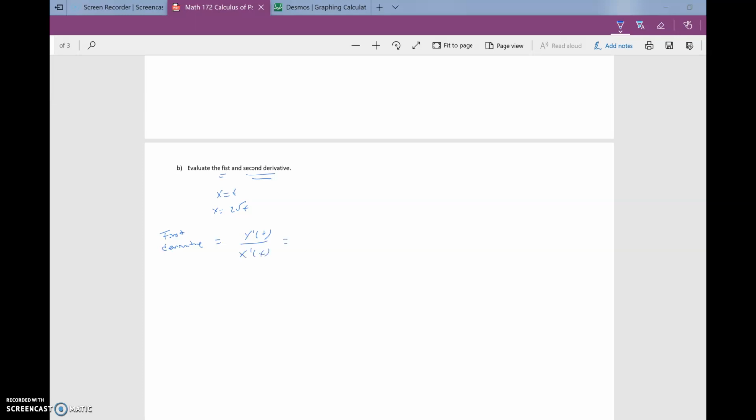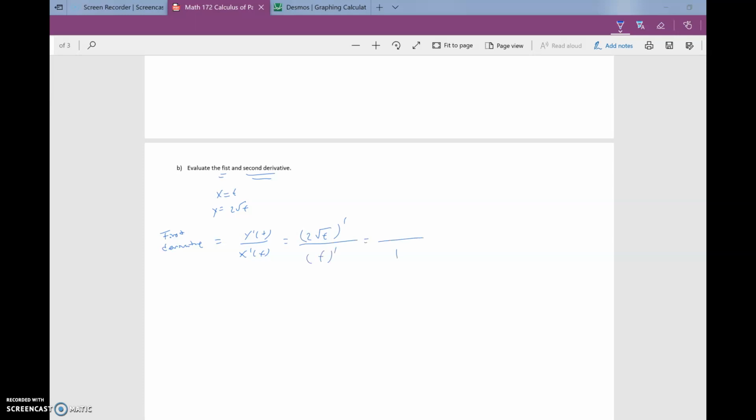So in this case, wait, this is supposed to be my y. Okay, so we're looking at 2 square root of t prime, over t prime.